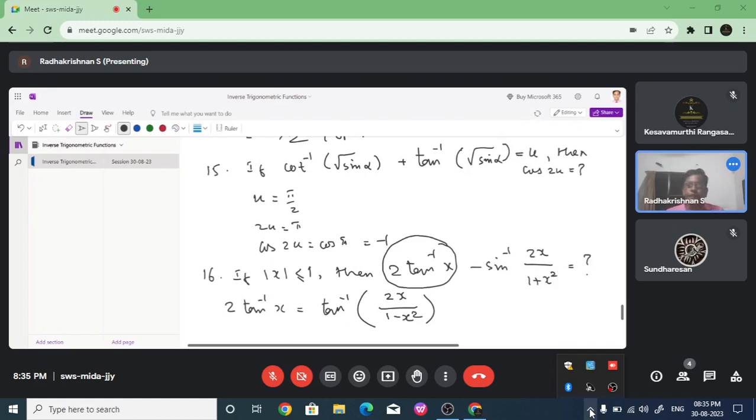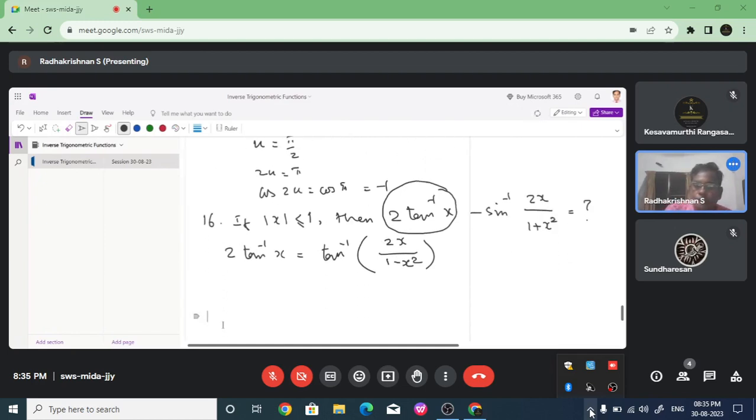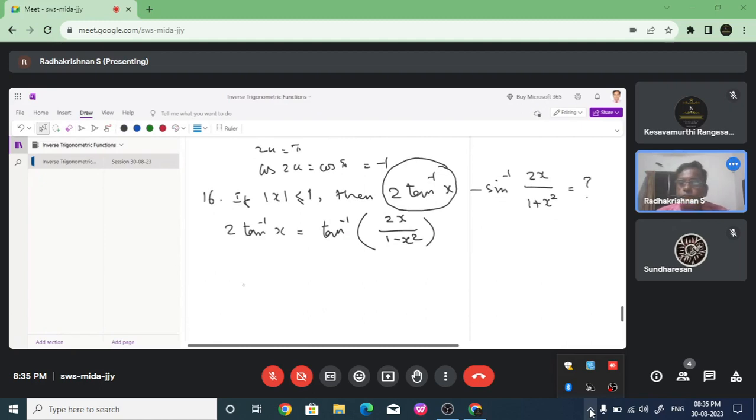Right? So now we have to determine tan inverse of 2x by 1 minus x square minus sin inverse of 2x by 1 plus x square.